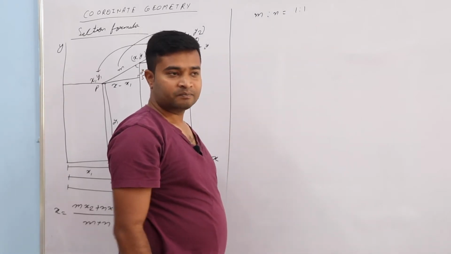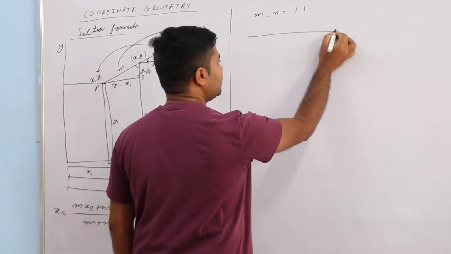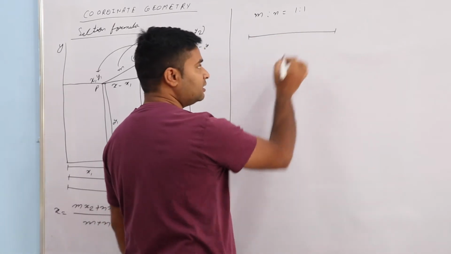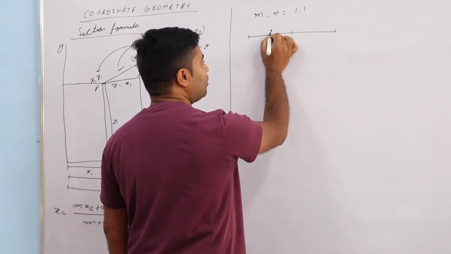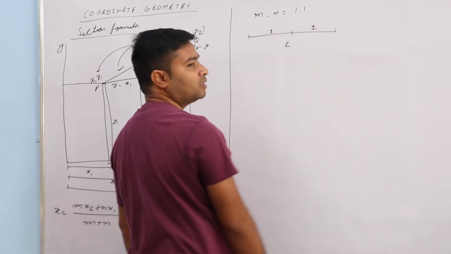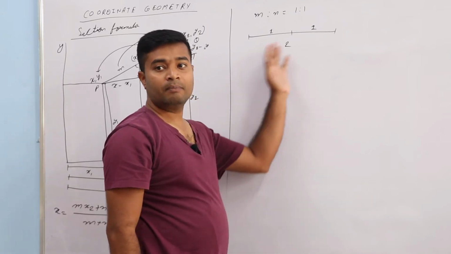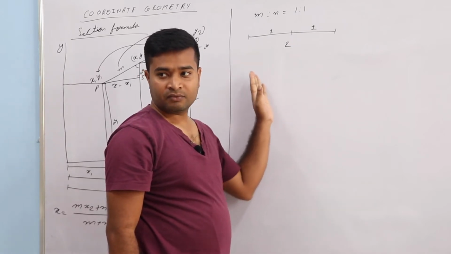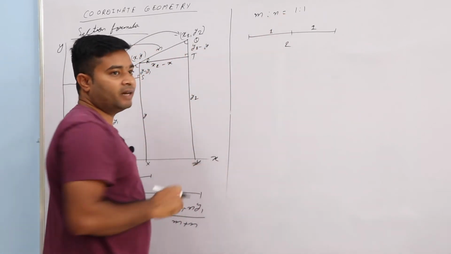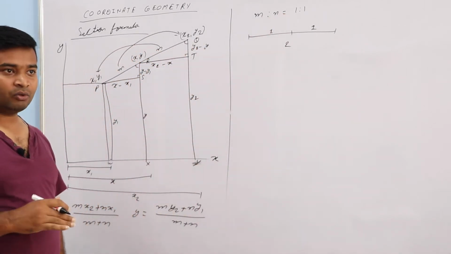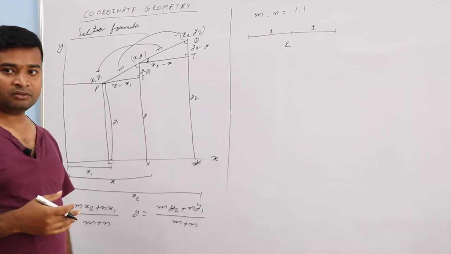Both are equal means if I take this line of 2 centimeters and it is divided from between, so this is 1 and this is also 1. Getting now? Divided from the middle, so the value of m is 1 and the value of n is also 1.